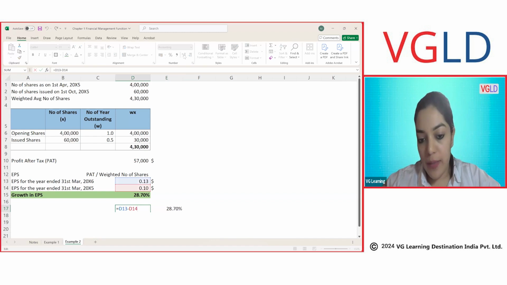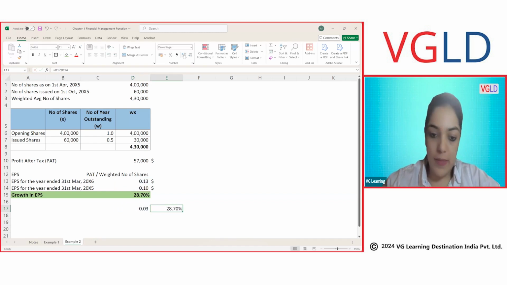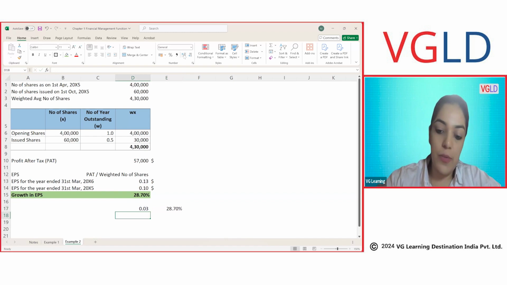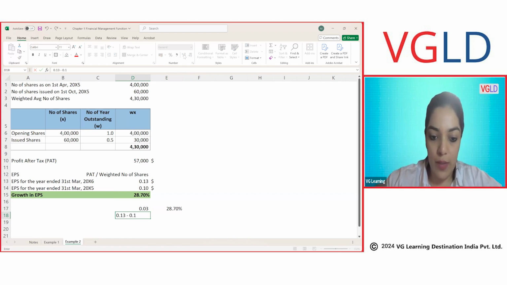So instead of doing two things, instead of doing first 0.13 minus 0.103, whole of it divided by 0.103, can I write it like this?